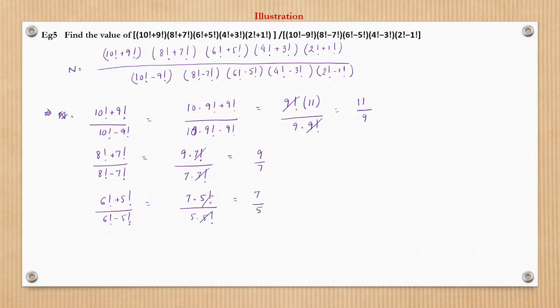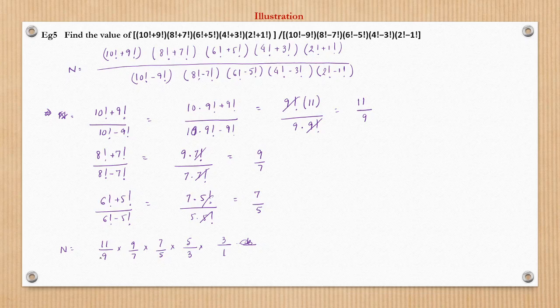So now we can generalize. The n would be nothing but 11 by 9 into 9 by 7 into 7 by 5 into 5 by 3 into so on. The last term would be 3 by 1, right?